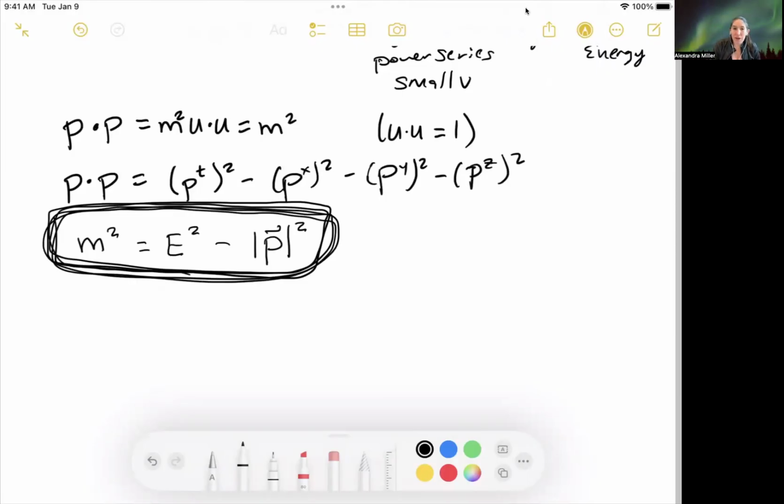And you might not notice it right away, but this is just E equals mc squared in disguise. E equals mc squared is this equation for an object which is at rest, so for p equals 0, and where we've restored the factors of c.